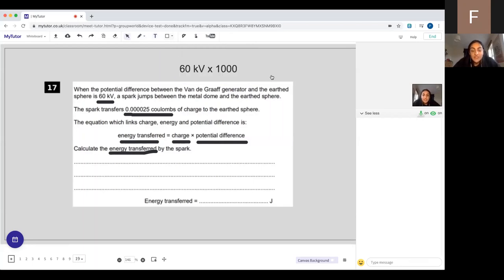And then we should end up getting 60,000 volts, which you can then times by your 0.00025 coulombs of charge. And when you do times them together, you get 1.5 joules out.